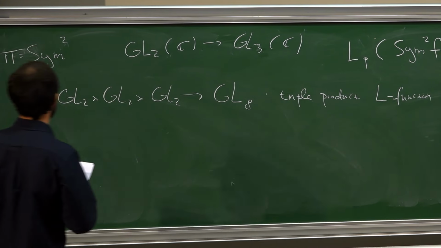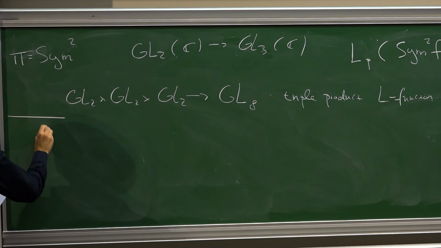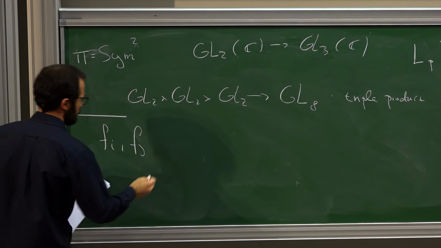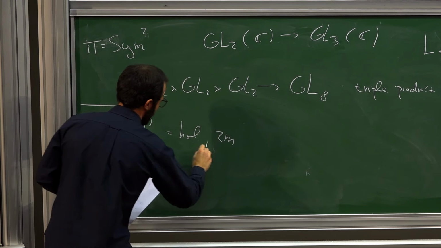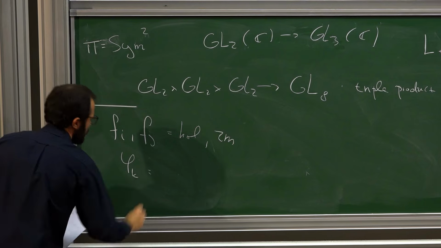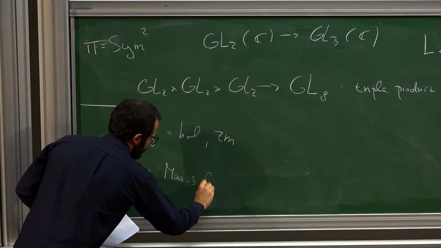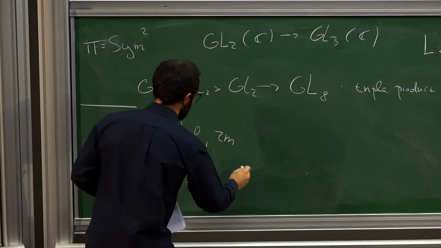Okay, so now let's go to the setting where we have some f_i and f_j holomorphic of weight 2m, and phi_k is a mass form, so it's a Laplace eigenfunction. And let's suppose that they have Fourier coefficients.